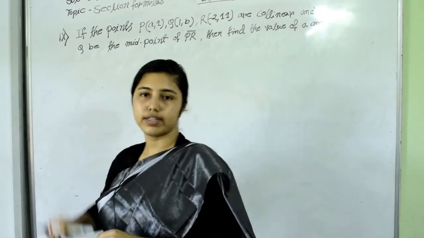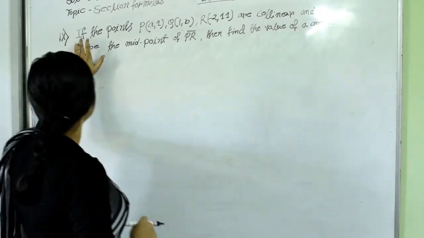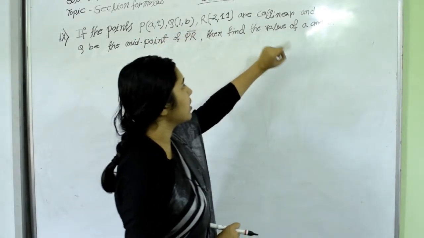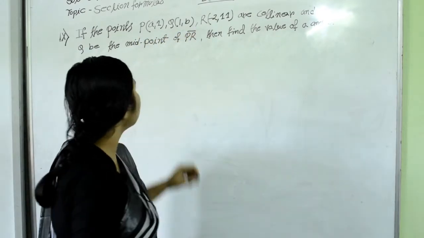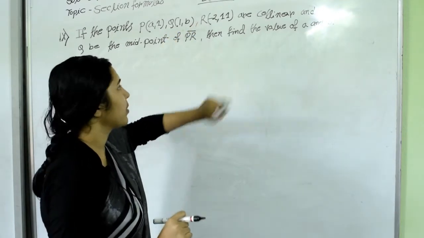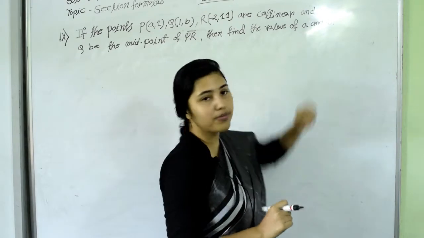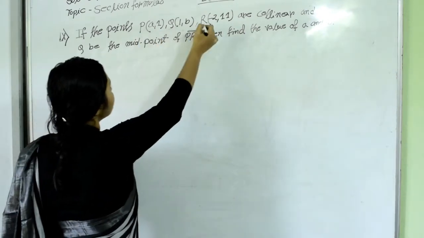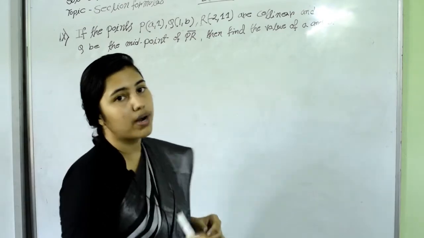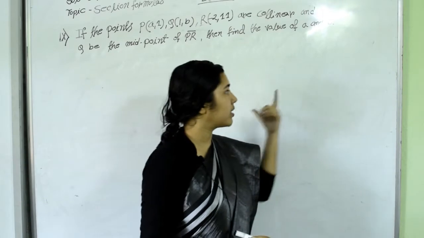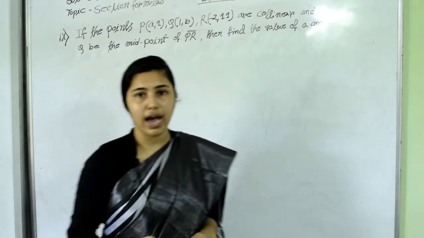Here this one is easy. Look at here. If the points P, Q, R are collinear and Q is the midpoint of the line segment PR, then find the values of A and B. Now you know that these 3 points are collinear. What does it mean? It means these 3 points are on the same straight line.